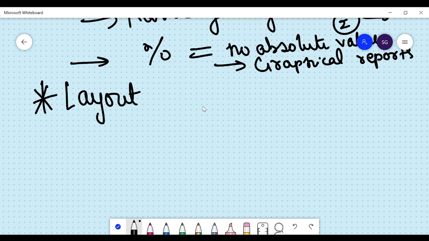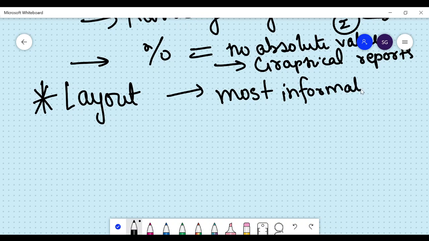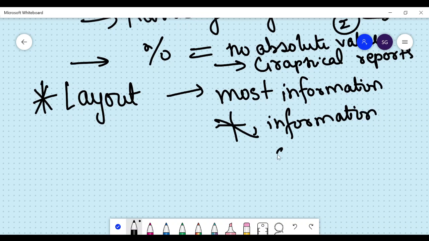Another issue while preparing a management report is layout. Layout must be such that the most important information must be shown. There must not be information overload.